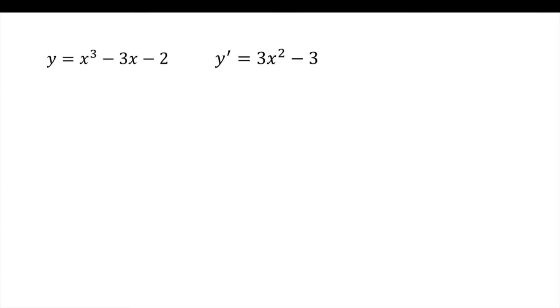Next, let's talk about inflection points and concavity. For concavity, you can think of it as the opening of the curve, whether it's opening upward or opening downward. Inflection points, on the other hand, are points where the sense of concavity changes.